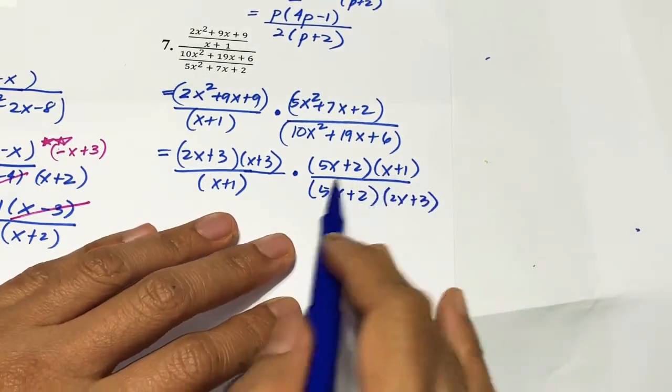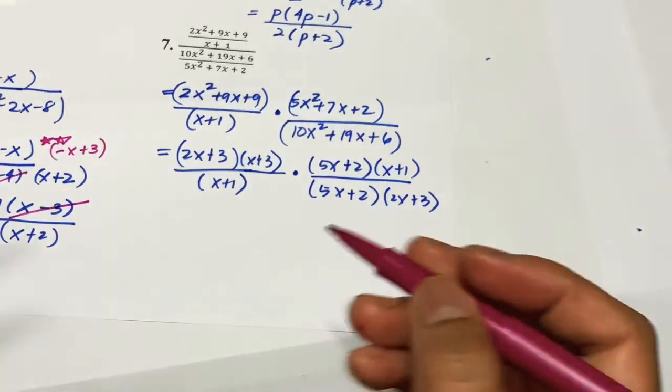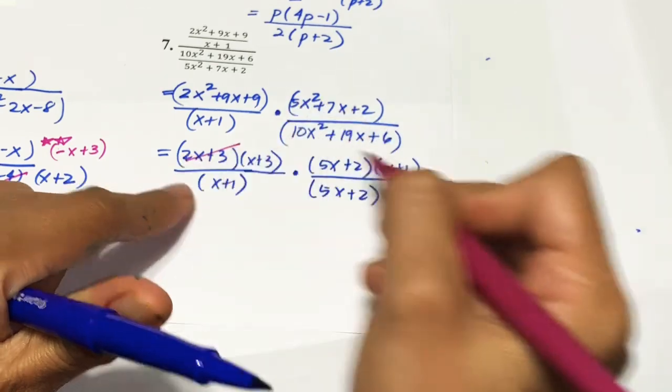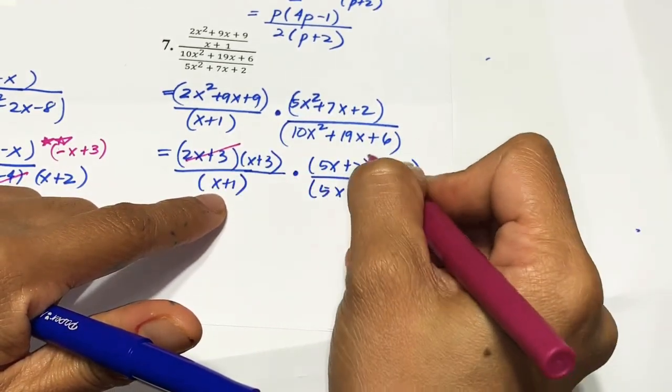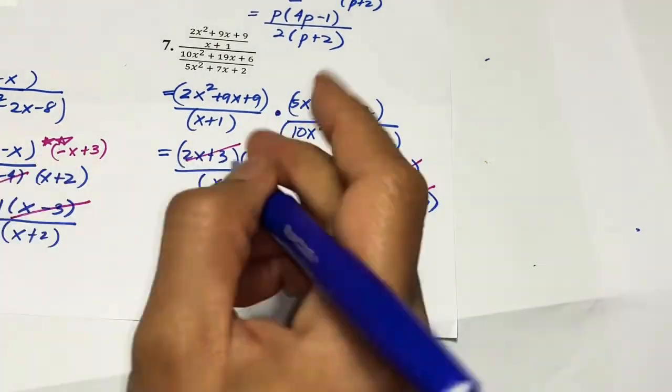So use your AC method to get these two answers here. And then we cancel. Again, they are binomials, so cancel them together. 5x plus 2 cancels. x plus 1 cancels. So we're left with x plus 3.